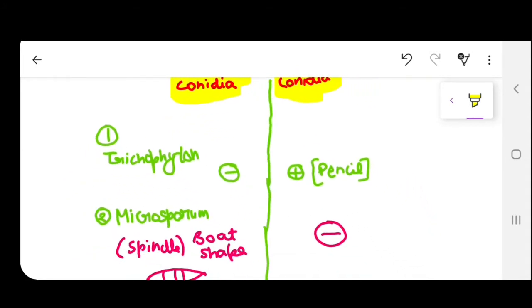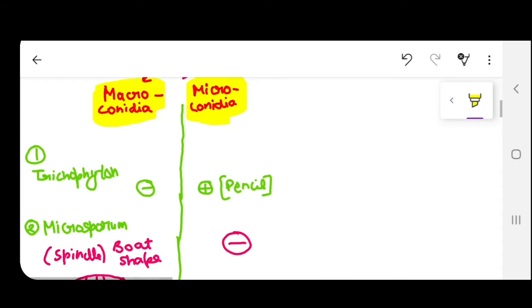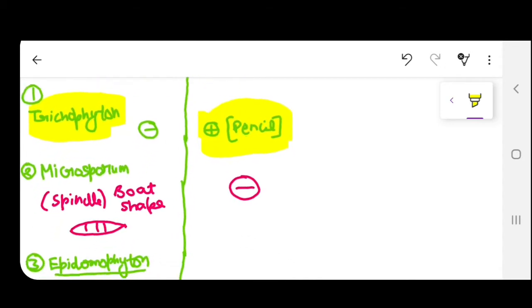So look at this. First of all, Trichophyton. In Trichophyton, macroconidia are absent, but the microconidia are pencil shaped.